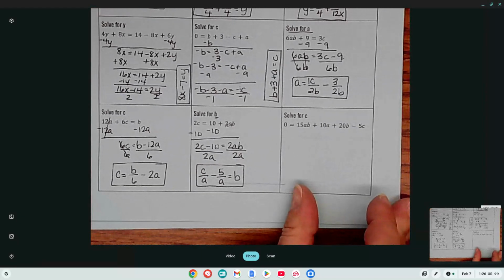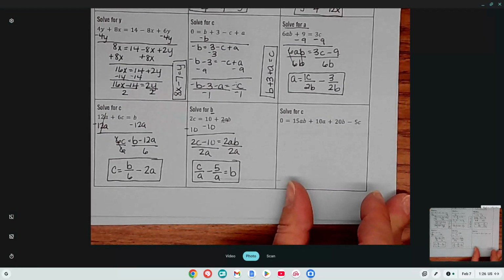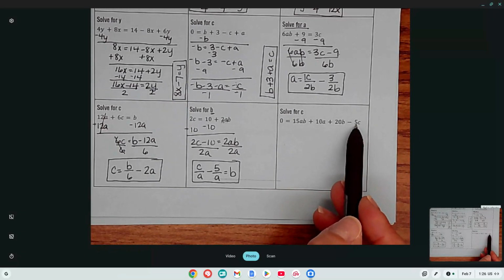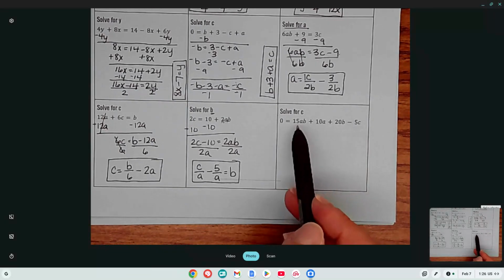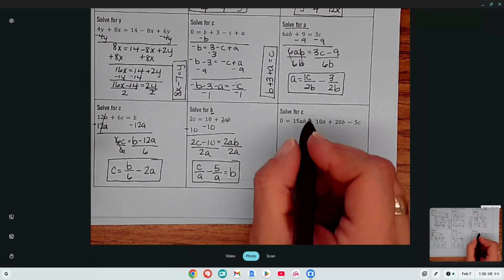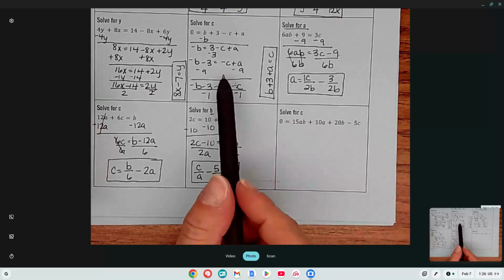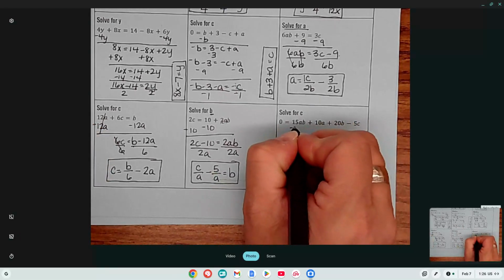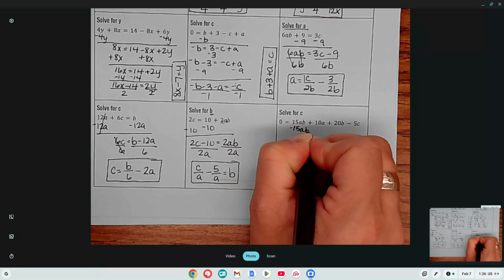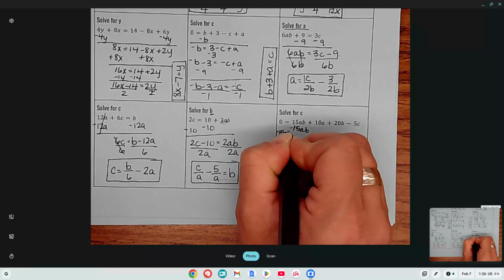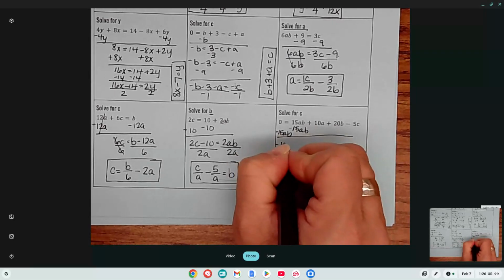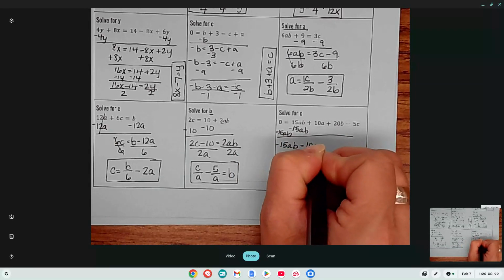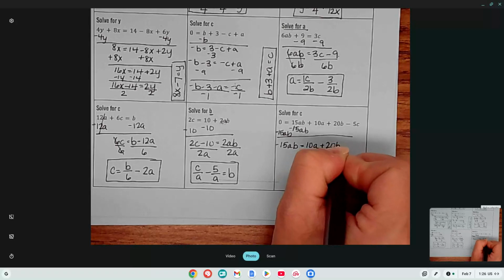All right, last one. We want to solve this one for C. Where's C? Here it is. C is being multiplied by 5, and then all this other stuff is being added to it. So it'll be kind of like this one up here, where we just had to subtract a bunch of stuff over. I can't combine any of these because they don't all have the same variables. They all have some combination of A's and B's, but not the same combination.